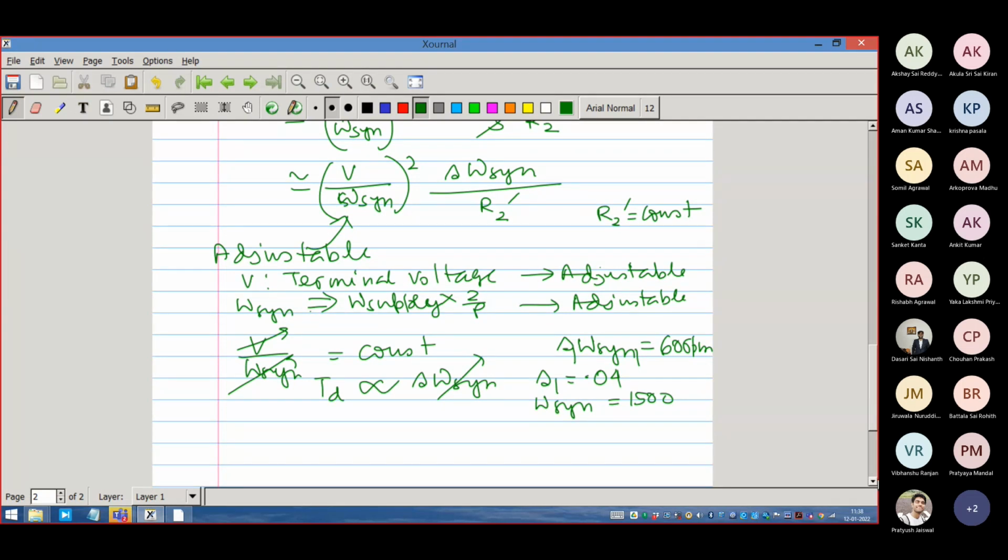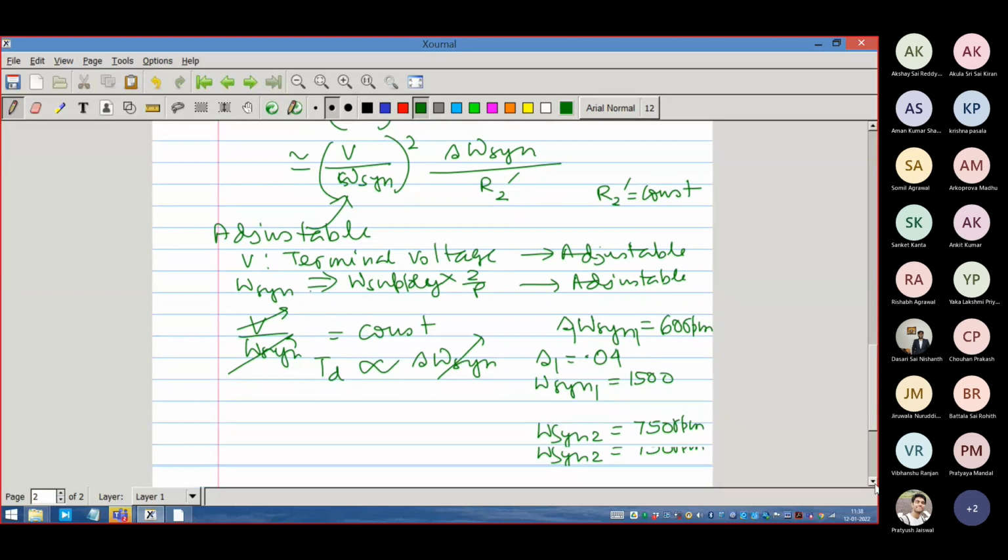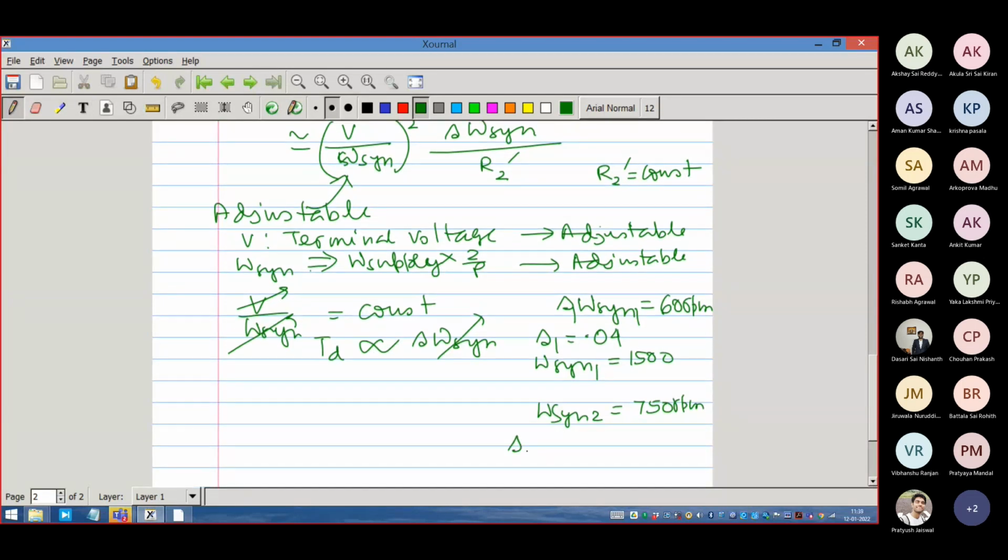So this was omega sin 1, omega sin 2 I have chosen 750 RPM. So I have to produce a new slip S2. It will automatically be produced. S2 into omega sin 2 is equal to 60 RPM. If that happens, then it is happening. So what is S2? S2 would be how much?